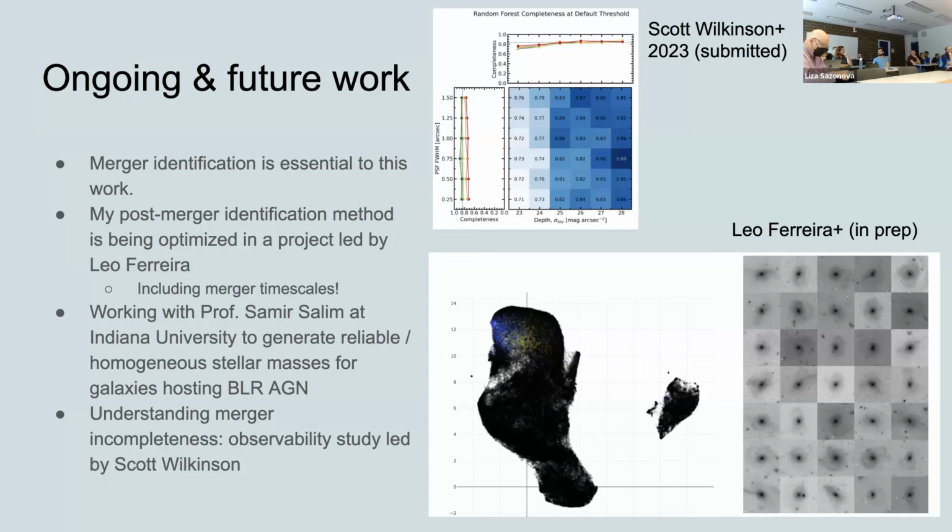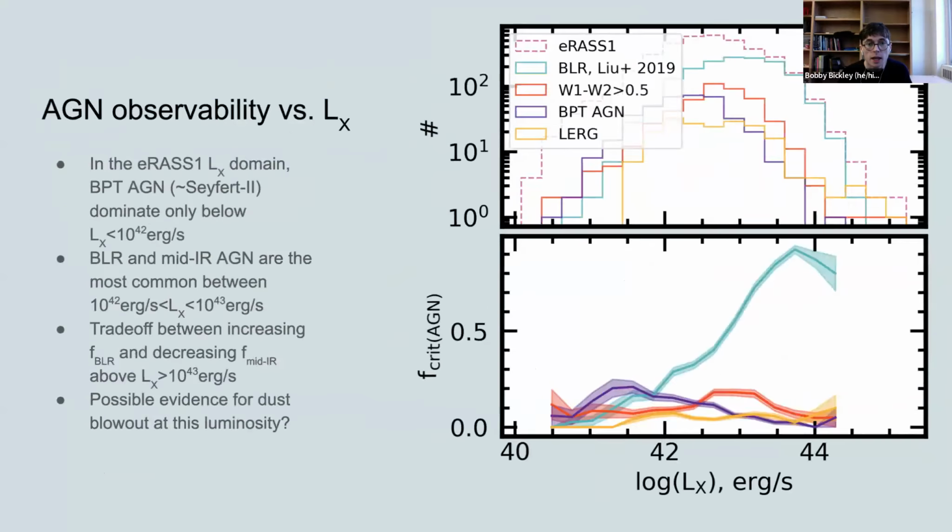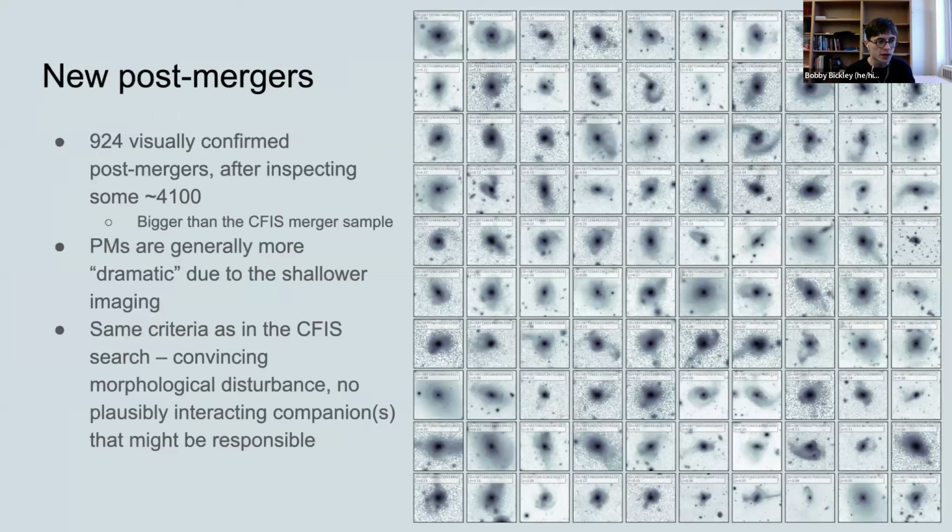One more question, Brian. Your ability to identify these depends critically on the simulations. What do they look like? Yeah, that is a good question. I actually don't have any examples of simulated training data on hand. Do they look like the systems you just showed? I would say, we've done this a couple times internally in our group, we generate these mock observations using real skies from the survey that we're using.